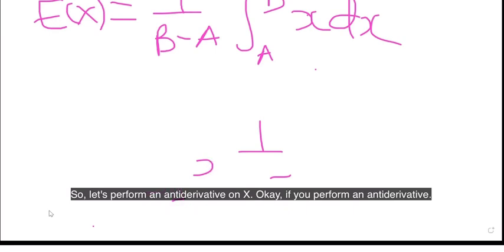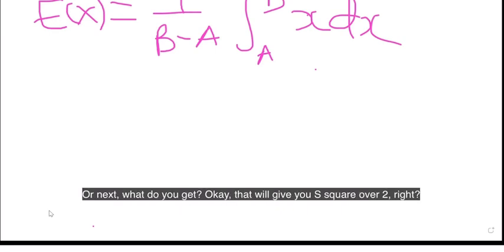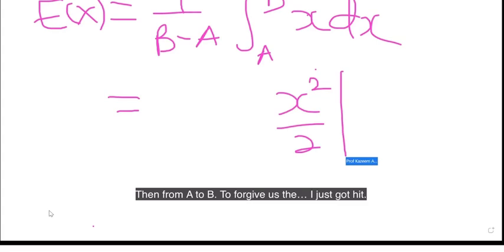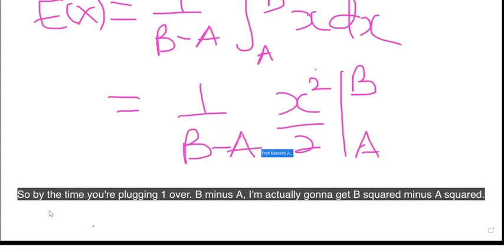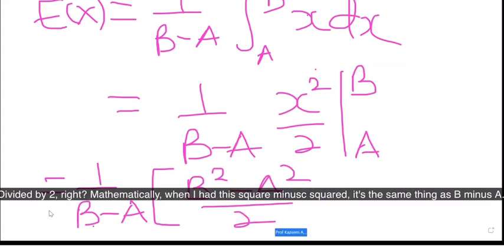If you perform an antiderivative on x, what do you get? That will give you x squared over 2, right? Then from a to b. So by the time you plug in, with 1 over b minus a, I'm actually going to get b squared minus a squared divided by 2, right? Mathematically, b squared minus a squared is the same thing as b minus a times b plus a.